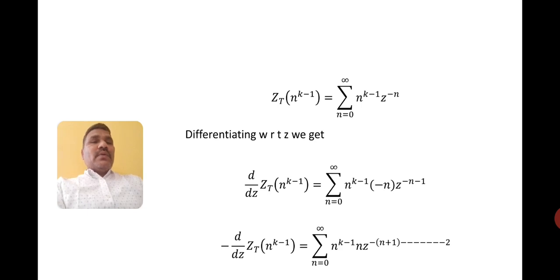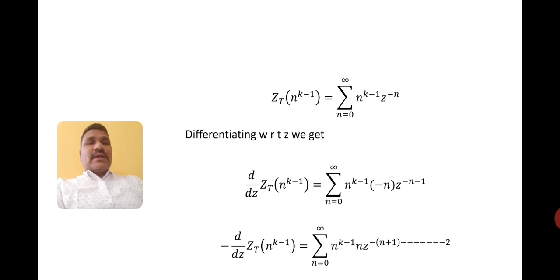So whatever minus is there on the RHS part, I took to the left hand side. So I made this equation look like n to the power k minus 1 into n, z to the power minus, I took as common, then it will become (n plus 1).